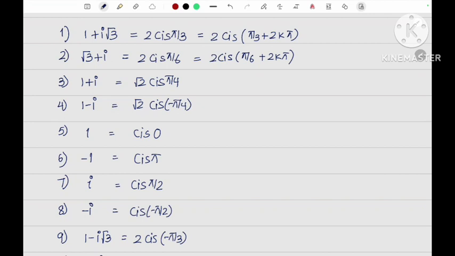It depends on our requirement whether we want to add multiples of 2 pi or subtract multiples of 2 pi to solve our problem. We will see in subsequent classes, or maybe a couple of minutes from now, what is the use of all this. Similarly, here also we can add: root 2 cis pi by 4 plus 2k pi, and to all of them we can do that.